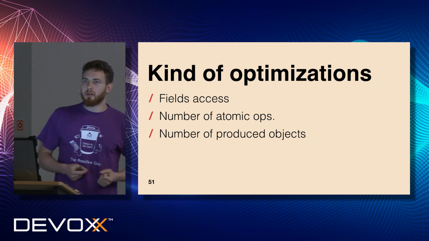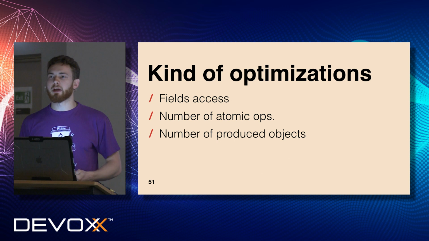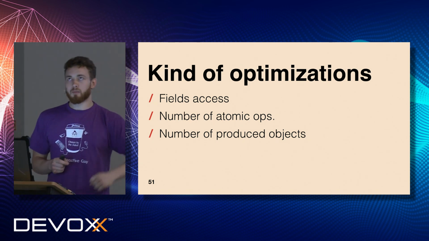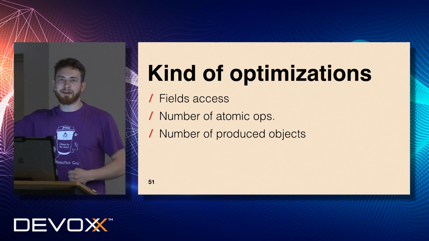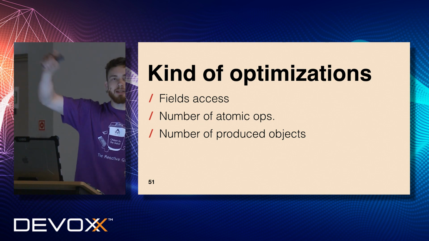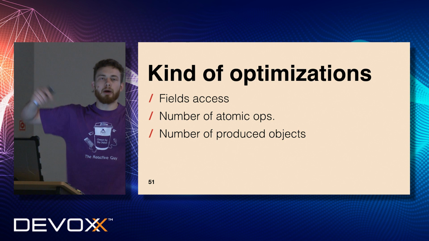What else? The number of produced objects. Have you ever cared about the number of created objects? In fact, Java is a language which doesn't have any ref counting, and it provides you with a garbage collector, which automatically cleans all references for all objects which are not used by your application.